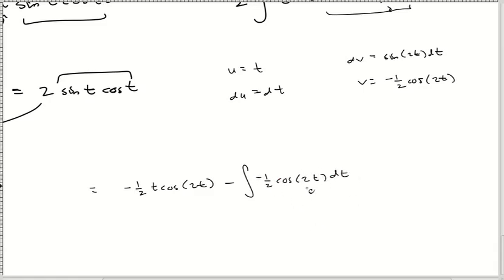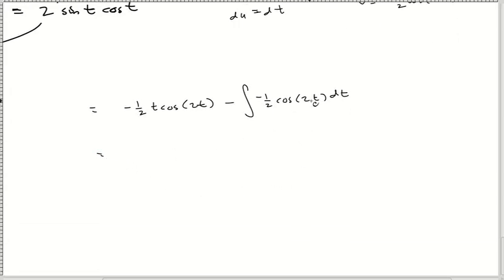And now I can actually integrate this guy. Very similarly, my 2 negatives will make a positive. The half can come out. Integral of the cosine should be a regular old positive sine, but I'm going to divide by the 2. And so then I got a half, and I got another half, and then I got my sine of 2t and then plus c.